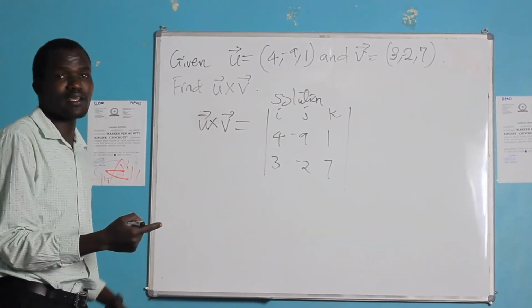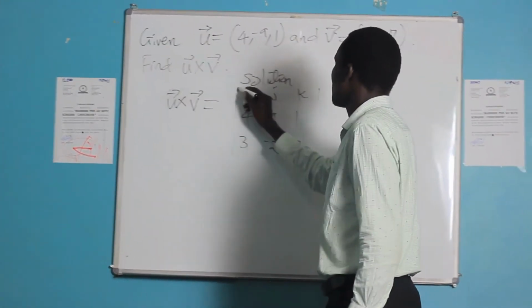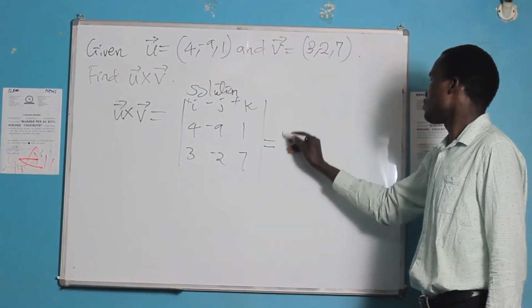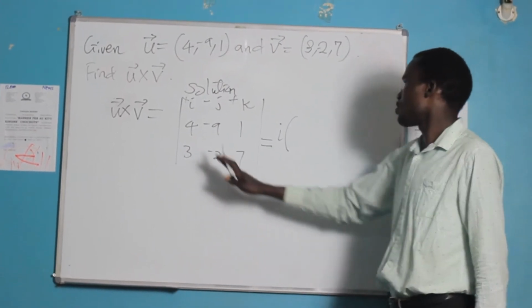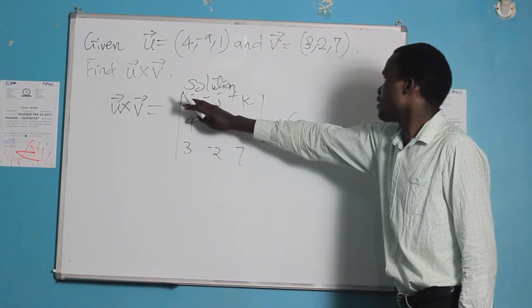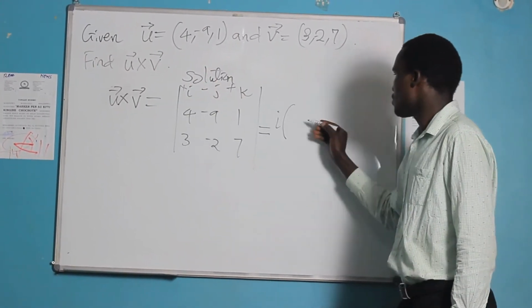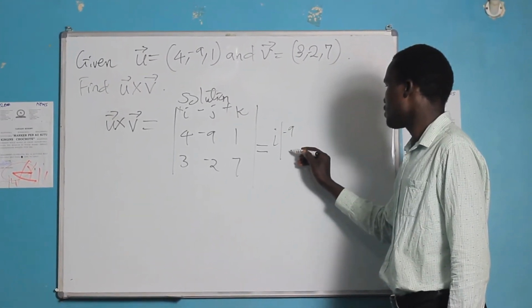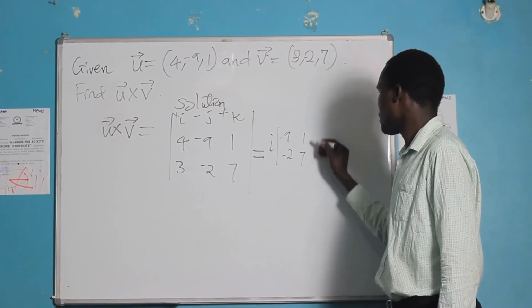It's just like finding a determinant. Here the signs are plus, negative, plus. So you take i outside here. You hide this column and this row. You remain with the determinant of -9, -2, 1, 7.